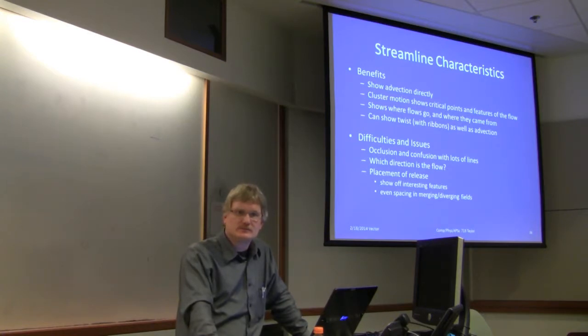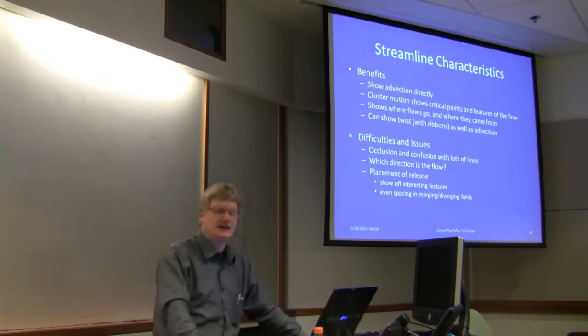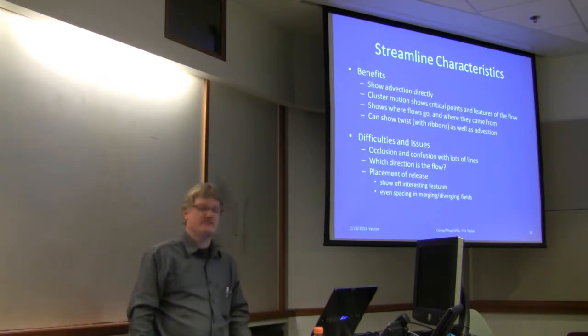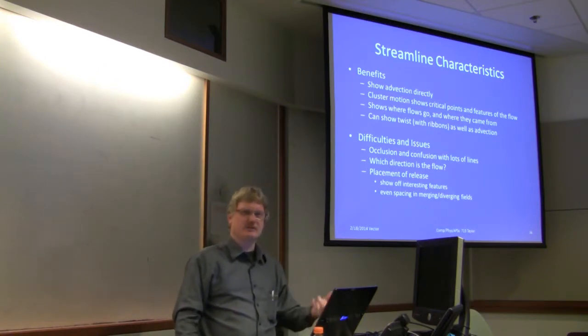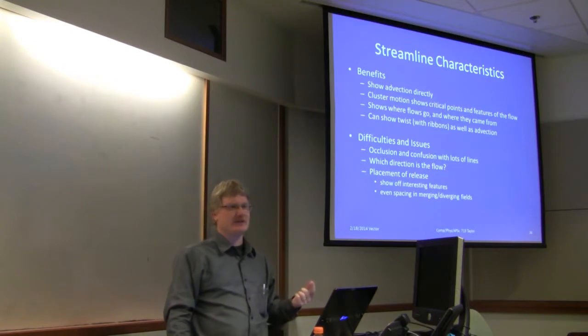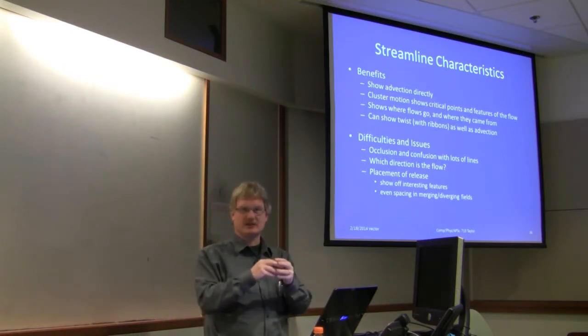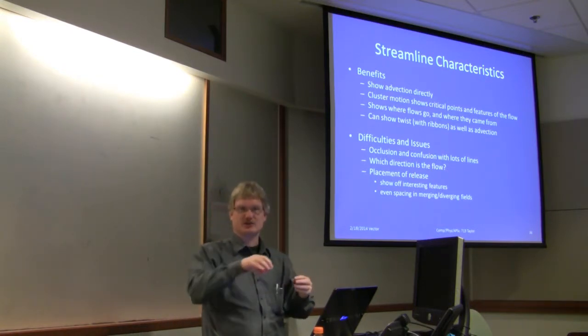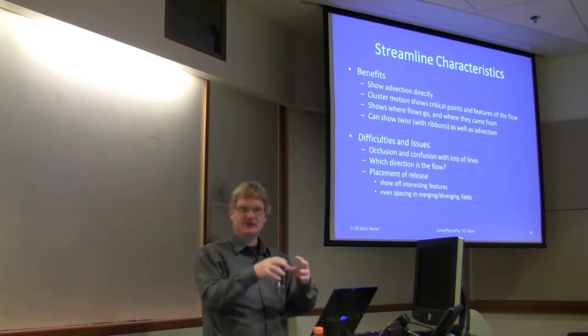Which, in other words, is this better or worse than the old school smoke in the tunnel kind of thing? So it's better in that you didn't have to actually build the thing to put in the tunnel. It's probably better in the sense that if you've got a tube instead of a smoky surface, you're going to see the shape of it much more clearly than if you had the smoke.